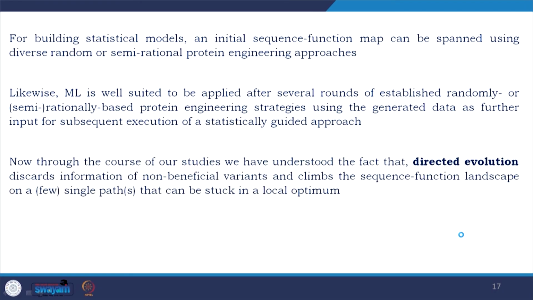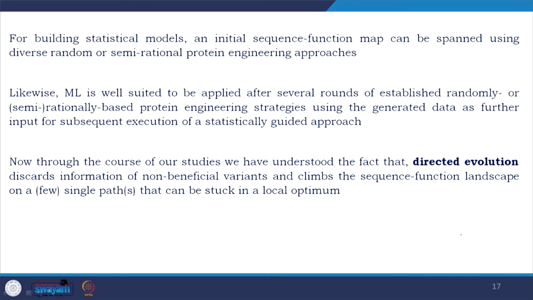Now, through the course of our studies, we have understood the fact that directed evolution discards information of non-beneficial variants and climbs the sequence function landscape on a single path that can be stuck in a local optimum. You understand?